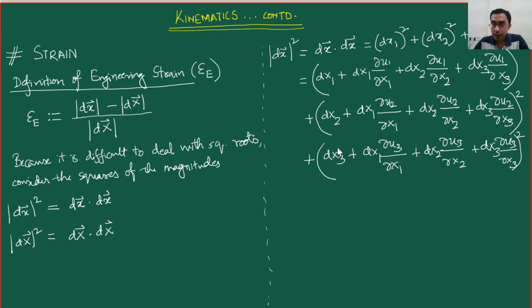So even before expanding, you can imagine that we will definitely obtain dX1 square from here, dX2 square from here, and dX3 square from here, and those three things together will be just this dX vector magnitude square.